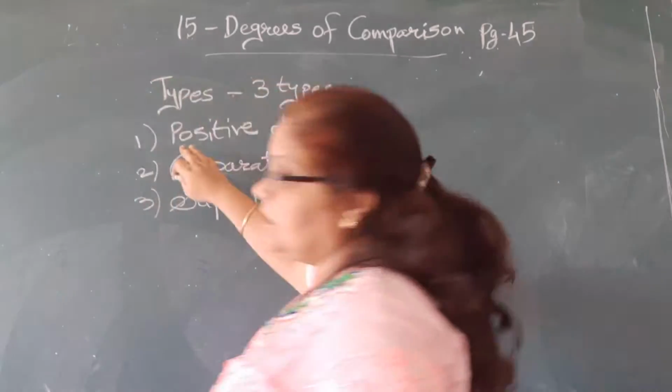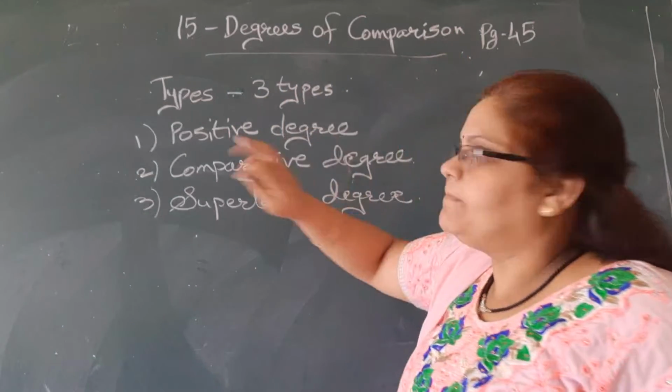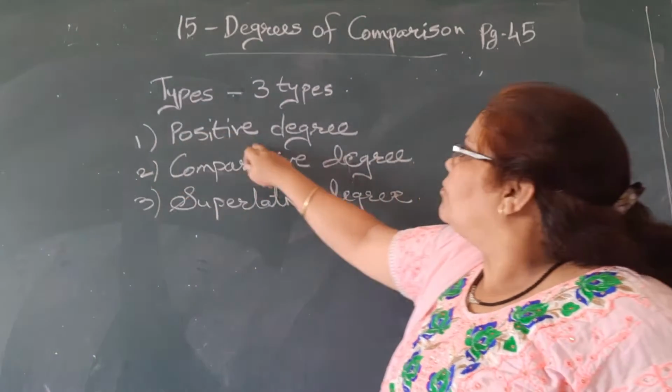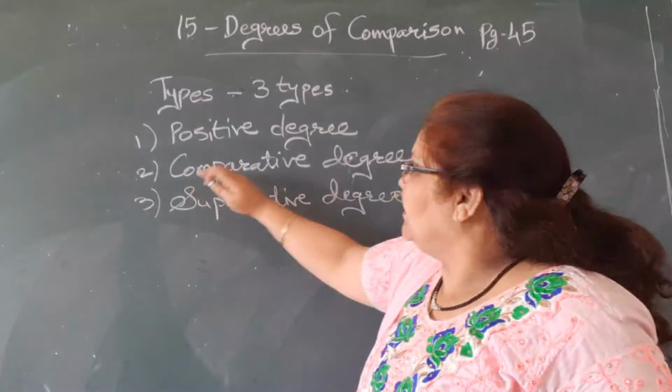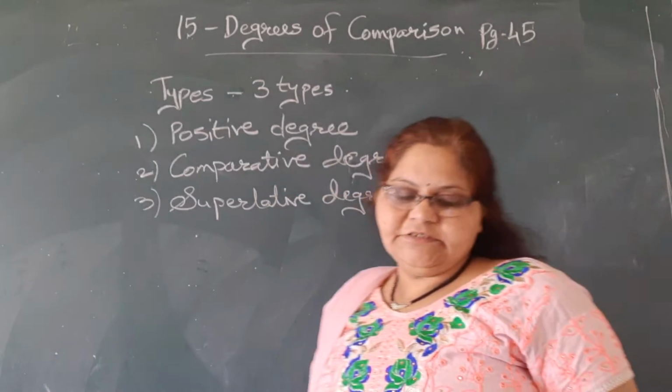So just learn these three names, three types of degree of comparison. The first one, positive degree, second, comparative, and third is superlative.